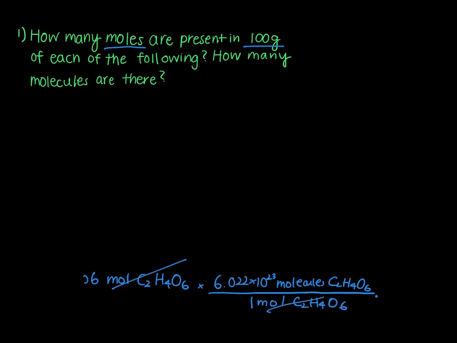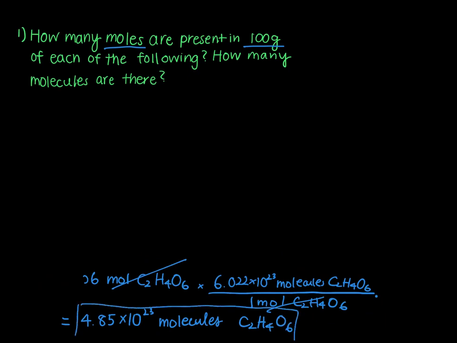Moles cancel, we're left with molecules, which will give you 4.85 times 10 to the 23rd molecules of C2H4O6. Okay, now I'm going to box my answers.